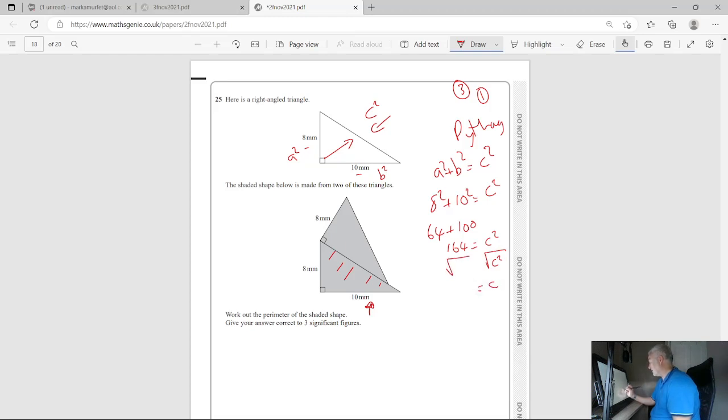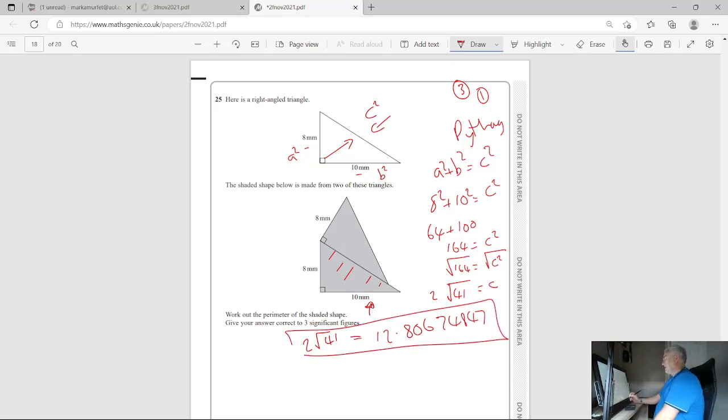So the square root of 164, 164 square rooted, gives me 2 surd 41. If I press SD, it'll give me 12.806244847. So 2 surd 41 equals that value.